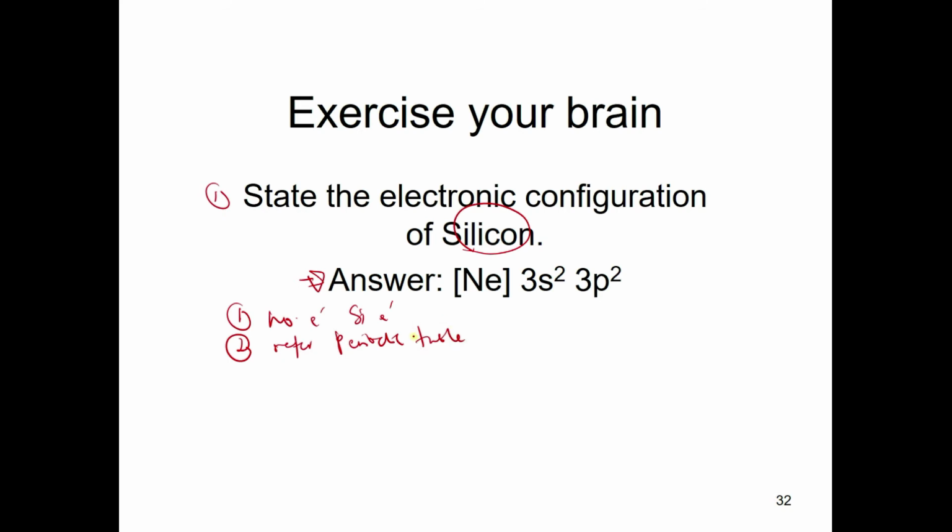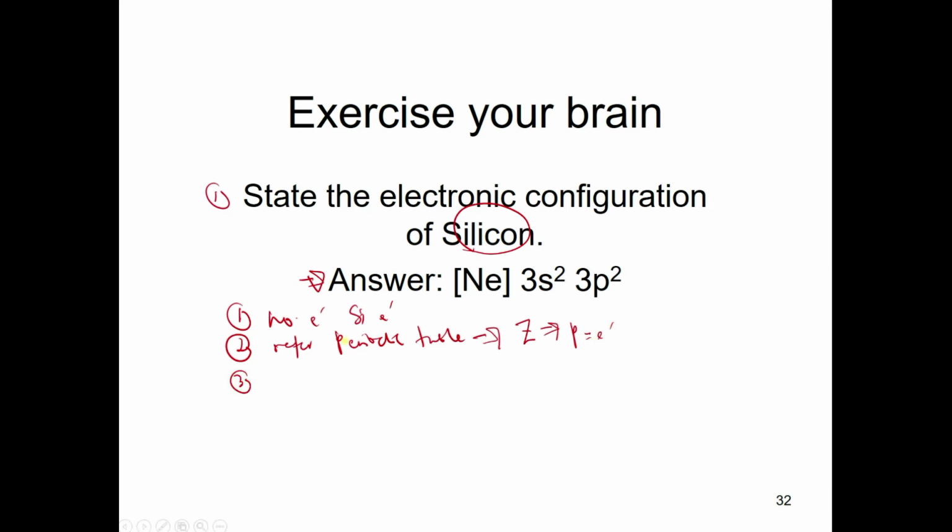By referring to the periodic table, you will know the atomic number, which gives you the number of protons. And if the question hasn't stated that the silicon is an ion, it is normally considered a neutral atom, where the number of protons is equal to the number of electrons.